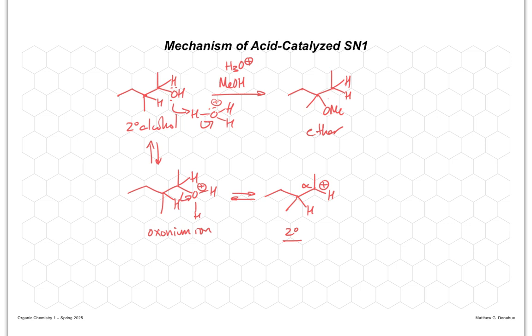And then we look at those 2 carbons, so that's beta, and then this other one's beta. That beta carbon has 3 hydrogens. I just drew 1 in.